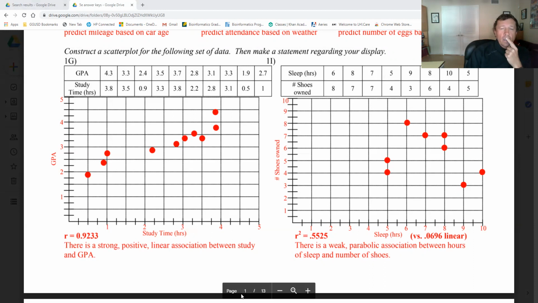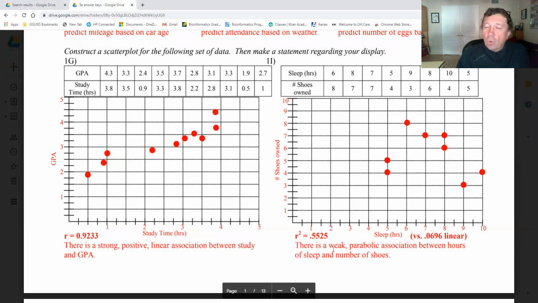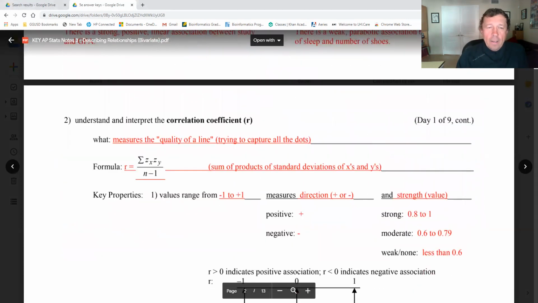So that comes out a little bit different. This is crazy. So that value is right here. Anyhow, there really isn't any association. There's just simply none. So my sentence is, there's a weak parabolic association between hours of sleep and number of shoes. Fine, no problem.